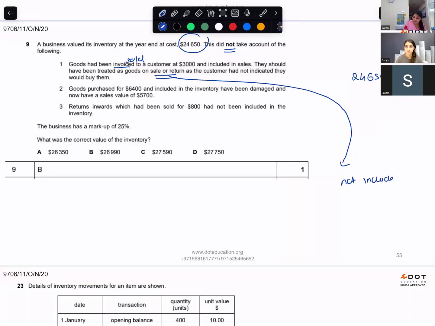It should not be included in sales and it will become a part of your closing inventory until and unless it is confirmed. So you had sold on sale or return basis and included it in sales. So this has to be removed from sales and added to the closing inventory at cost.